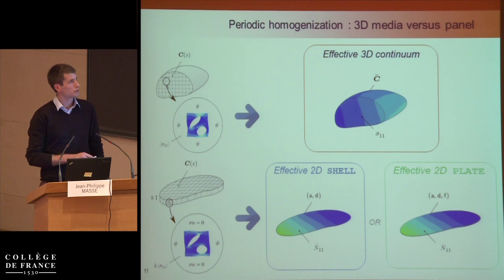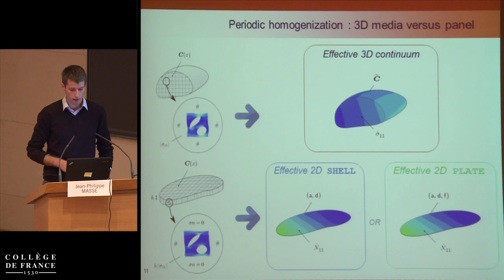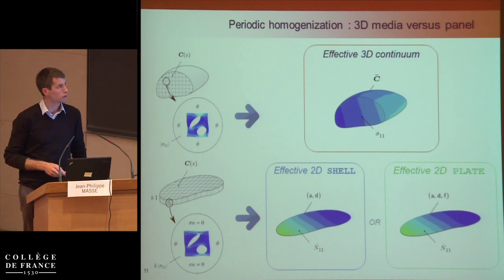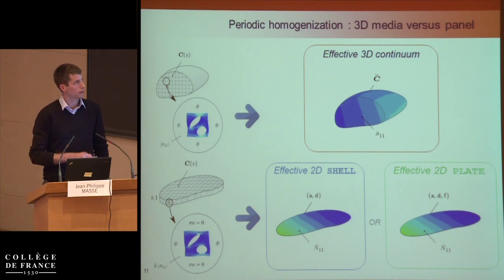And the homogenization step is to be able to identify an effective stiffness for this architecture material, in order that we can compute analytically, for example, or numerically, what we want on a homogeneous 3D medium.